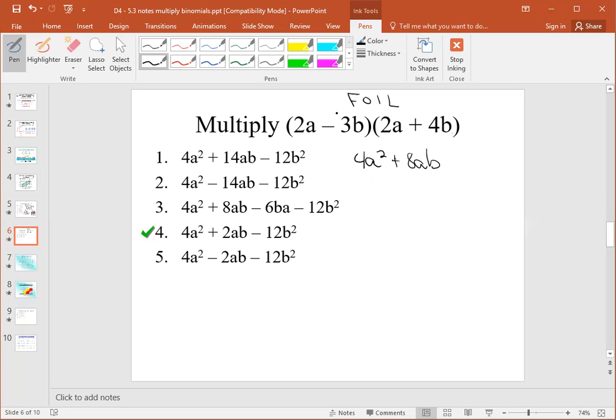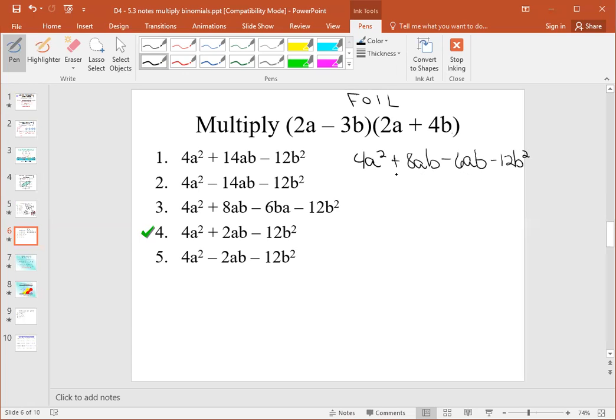Inner, -3b times 2a, so -3 times 2 is -6, and we have an ab pair. And then last, negative 3b times 4b. Negative 3 times 4 is negative 12. B times b is b squared.